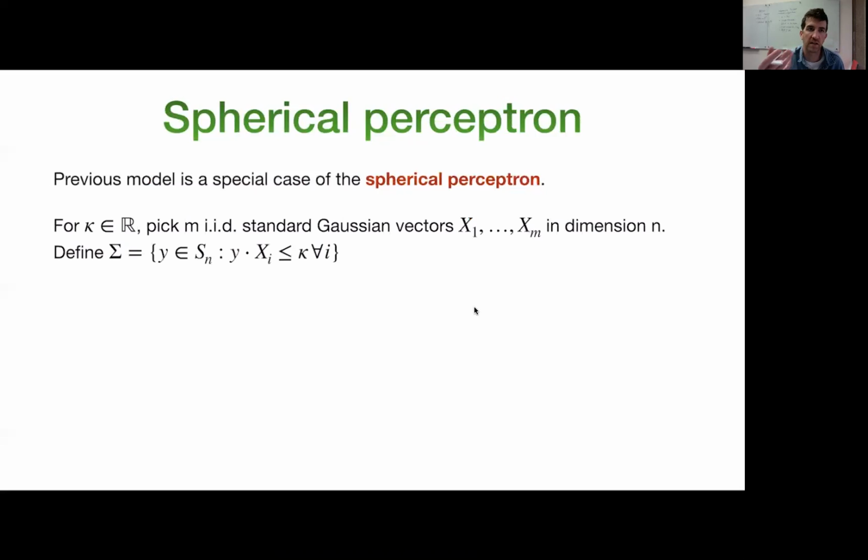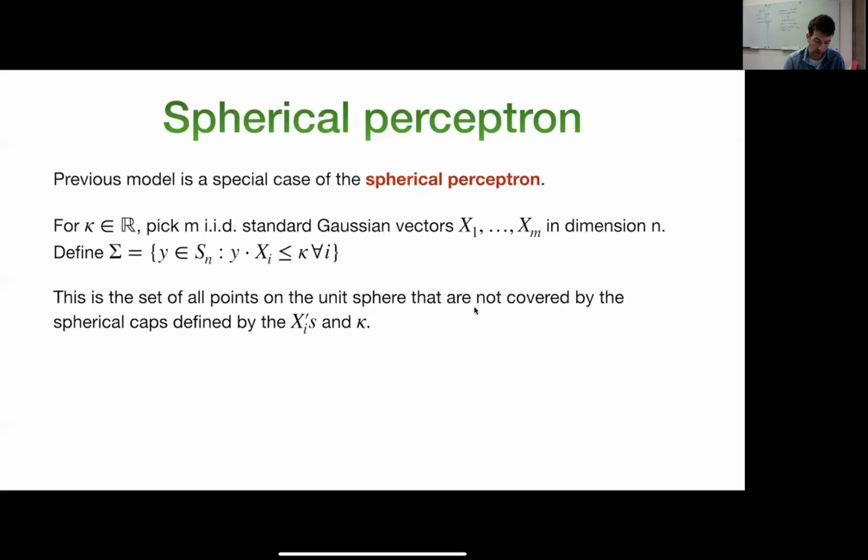And I'll think of this as the solution space as the talk goes on. Sigma is all the vectors on the unit sphere whose dot product with each of the xi's is at most kappa. Okay, so the previous example was just kappa equals 0.